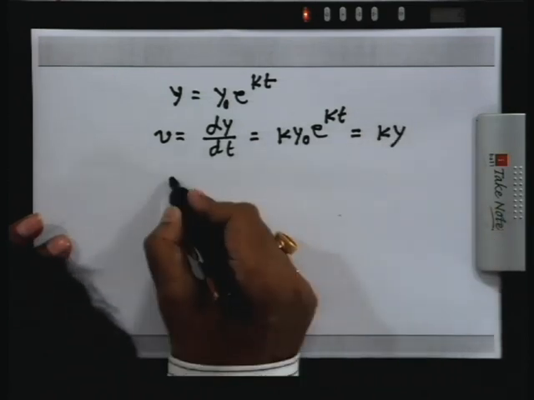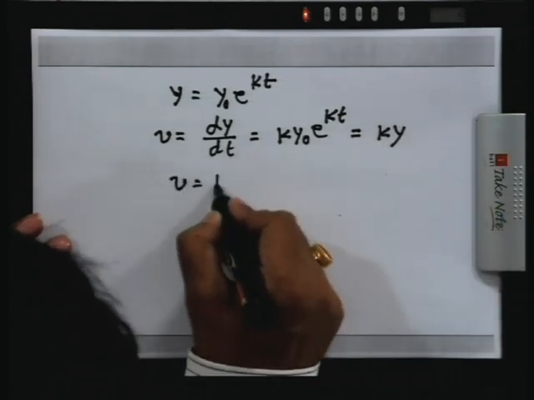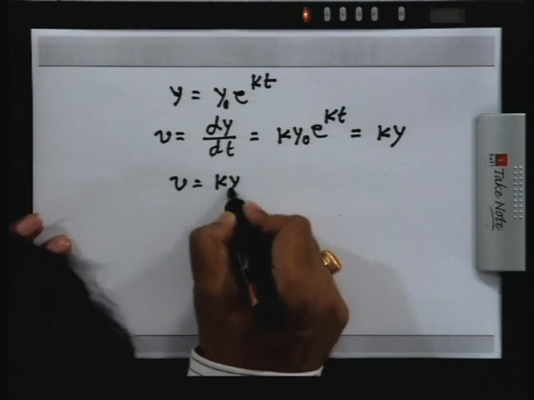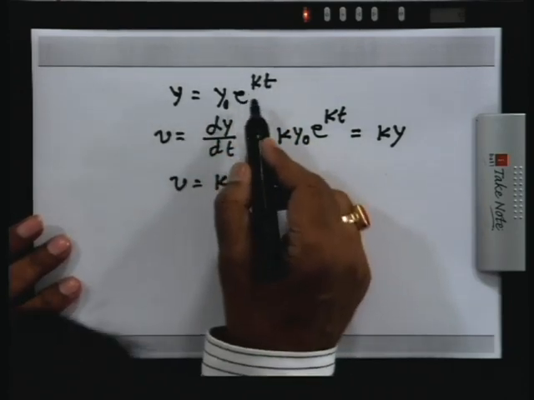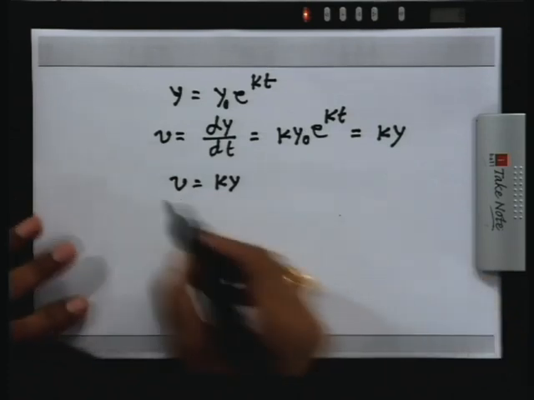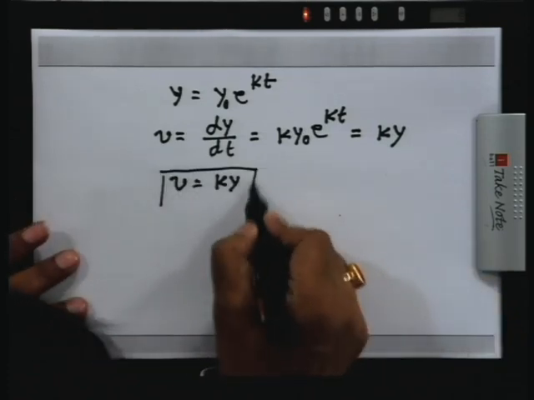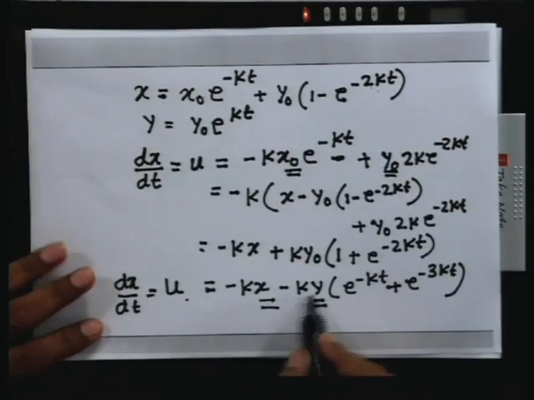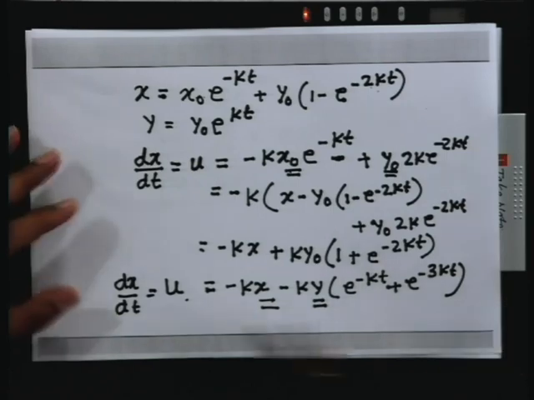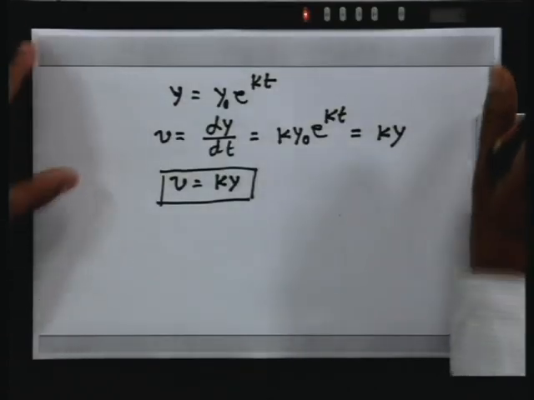Without doing it, one can simply tell that dy/dt equal to ky is the differential equation for which this is the simple solution. So, v is equal to ky and u is equal to minus kx. These are the expressions of the velocity components as functions of x, y and t in the Eulerian approach. Okay.